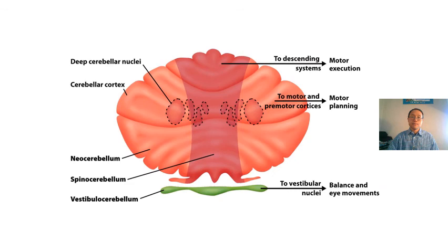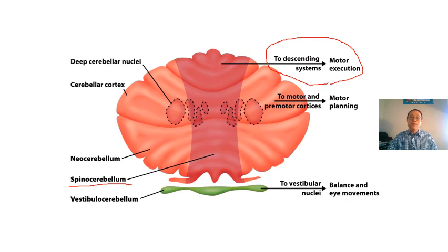Now, there are three divisions of the cerebellum. These regions differ in terms of their anatomical projections to the deep cerebellar nuclei and also the extracerebellar target regions. For instance, the spinal cerebellum has a lot of descending systems, which descend for motor execution.